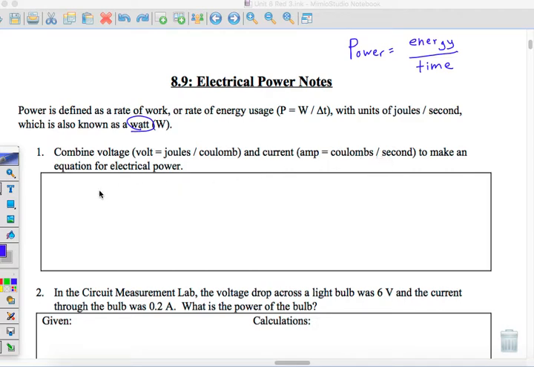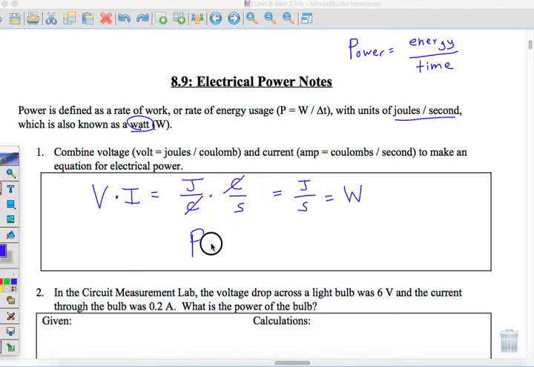And if you combine those two things, volts times current, for the units anyway, you end up with joules per coulomb times coulomb per second. These coulombs cancel out and you get joules per second, which is the unit of power, which is watts. So that's just a brief derivation of a new equation we have.